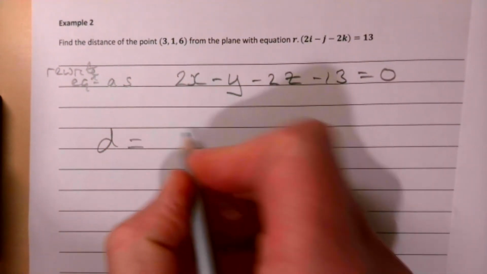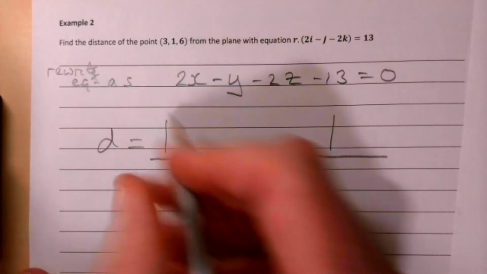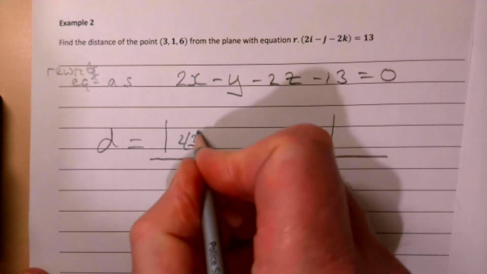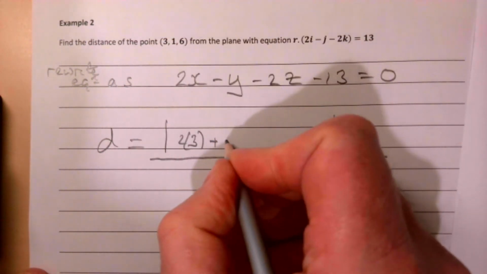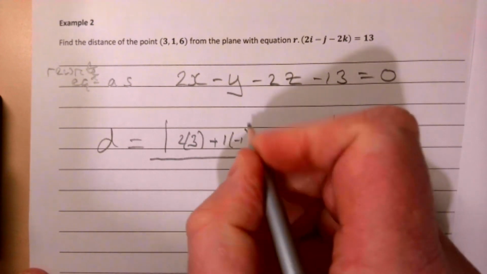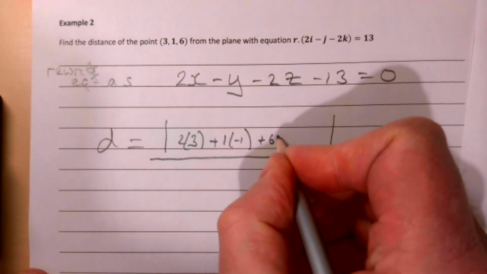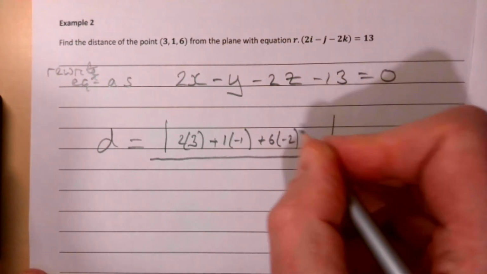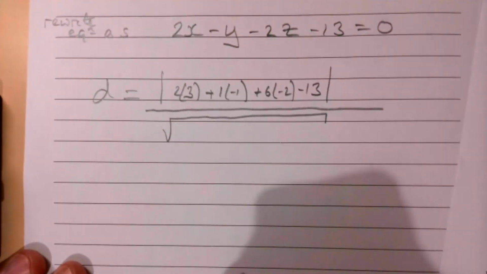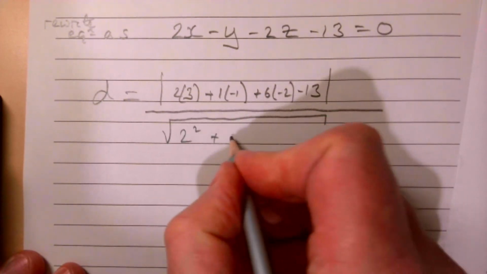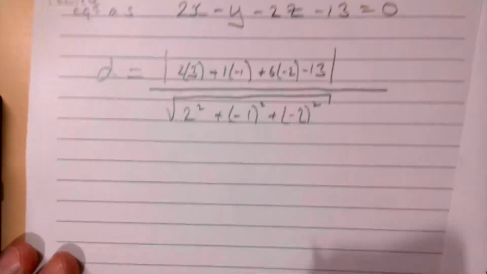So our distance, that's our big formula if you remember, is going to be 2 times 3, so 2 upon 3, plus 1 upon minus 1, plus 6 upon minus 2, minus 13, all over the square root of 2 squared plus minus 1 squared plus minus 2 squared.